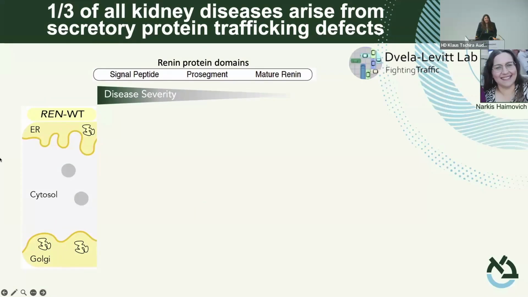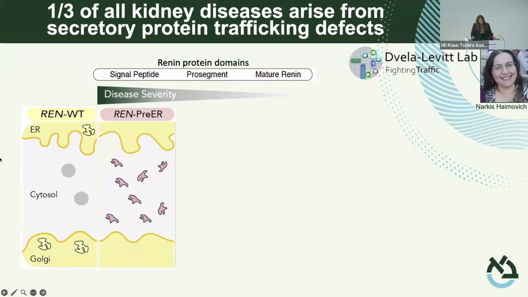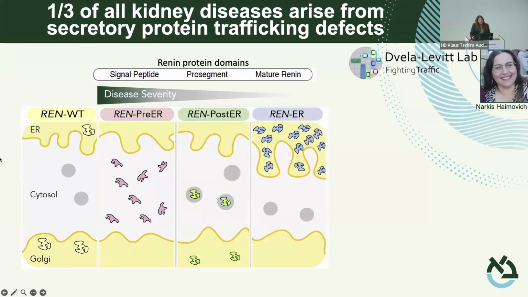It is known that 1 out of 3 of all kidney diseases arise from secretory protein trafficking defects. So they study the gene renin and see that if you mutate in different places along the gene, in different segments, you can get different kinds of disease in different severity.